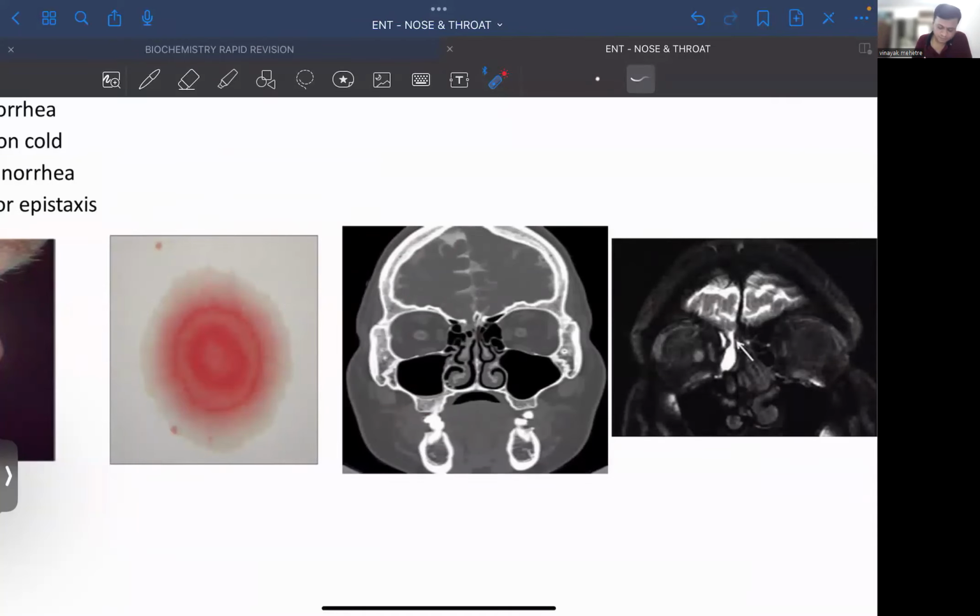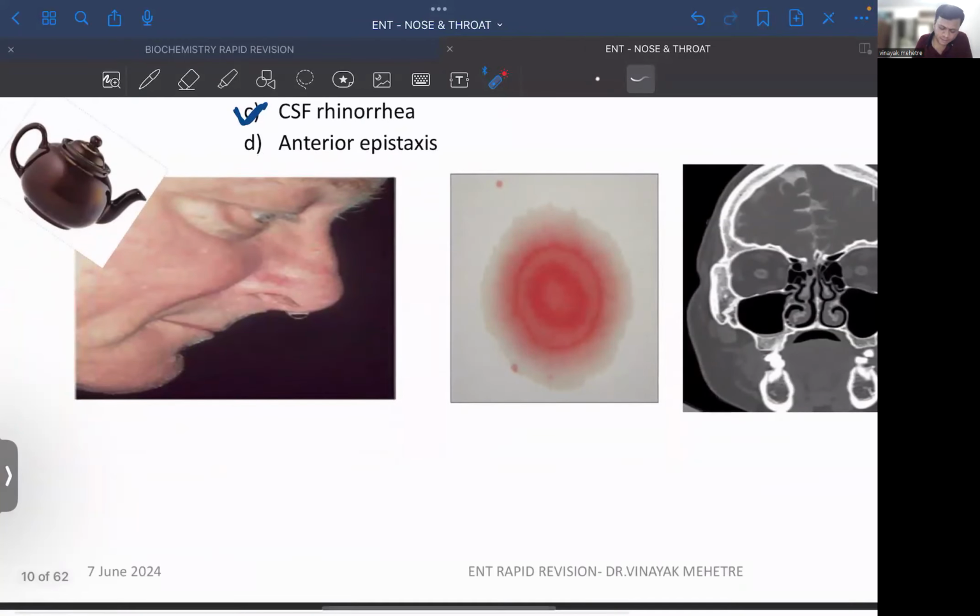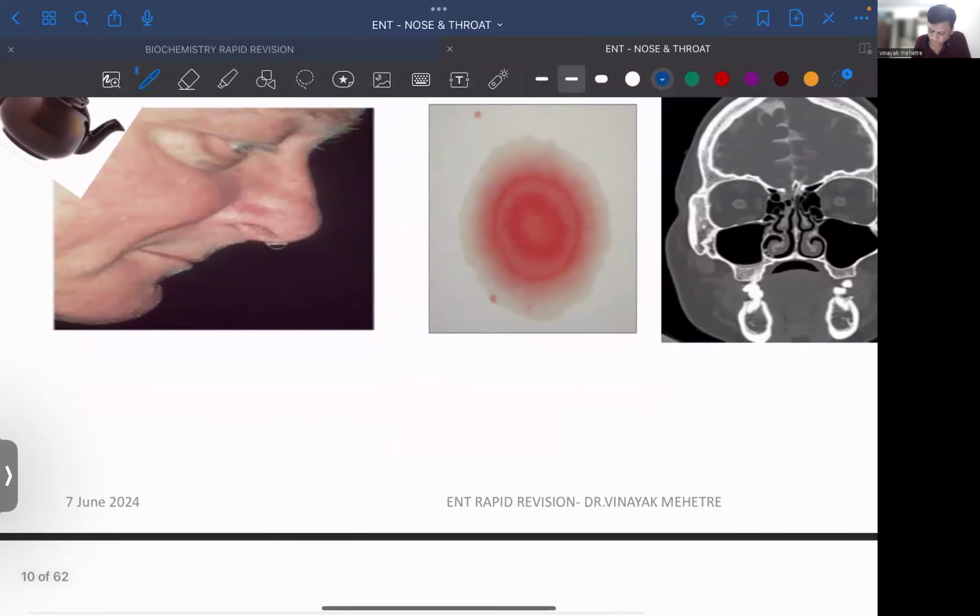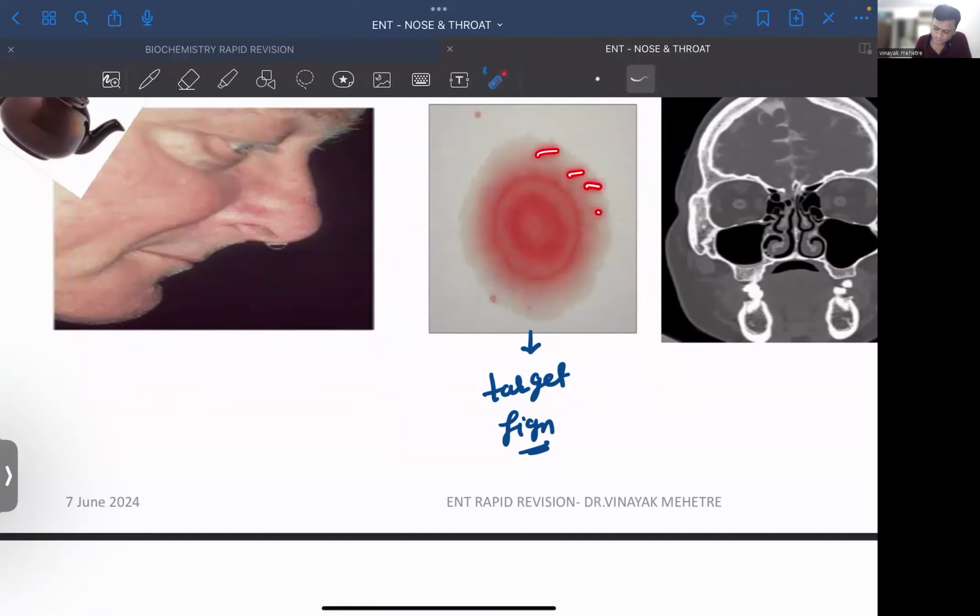Which sign do we see? If we take out that discharge which is coming out of the nose, we will see the target sign. This whitish part is CSF, and this reddish part is blood. This is called the target sign. And we will tell that patient to bend down.